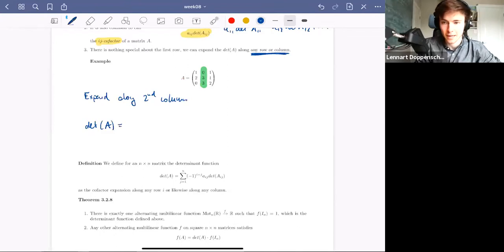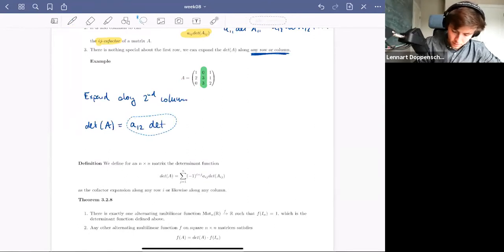We'll still get 9, and you can verify this if you want. The determinant of A is equal to A12, I have to be careful, the determinant of the minor A12.